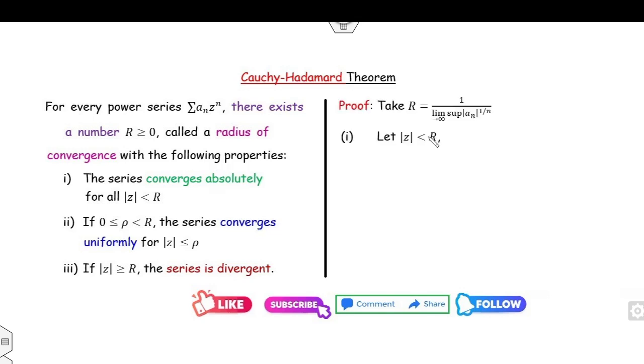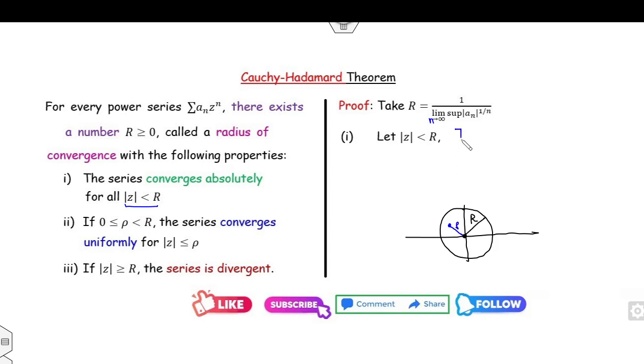So I can start with this limit supremum expression. Now first of all, what is the meaning of mod of z less than r? That is the equation of the circle. Center is 0, radius r. Fine. This is my r. Is it okay? Now for all |z| less than r, I can choose any point here whose radius is say rho.